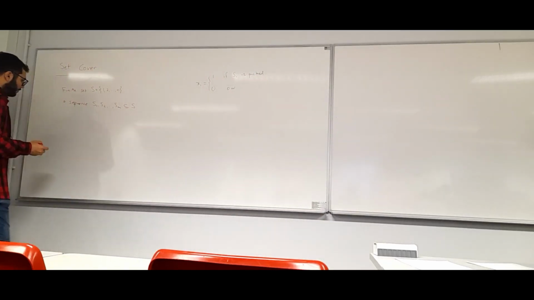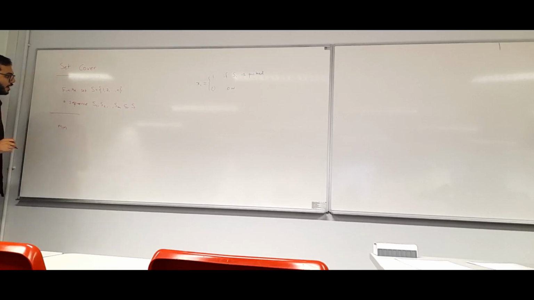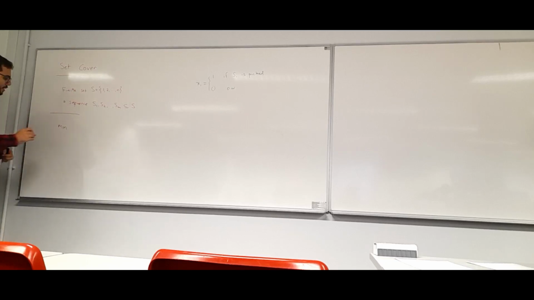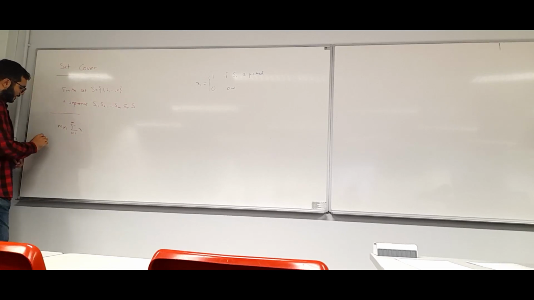Well, first of all, what is it that I want to minimize? I want to pick as few sets as possible. So I want to minimize the sum of all the xi. Okay, so minimize the sum of xi, where i goes from 1 to m. Now, what are my constraints?